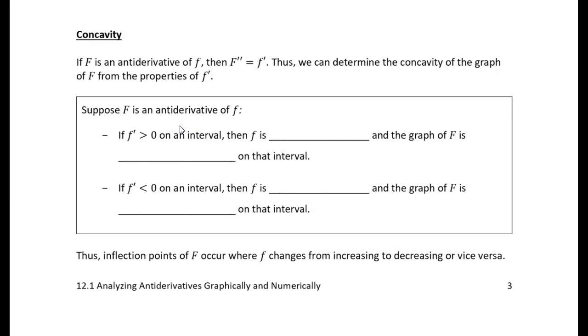Because the derivative of the derivative is the second derivative. So if lowercase f is the first derivative, then the derivative of f is the second derivative of the original function.